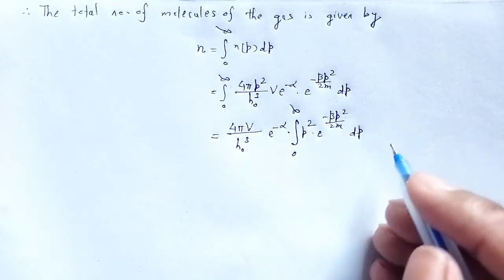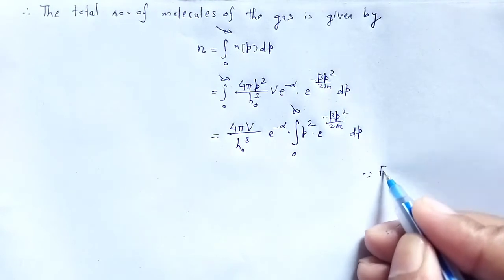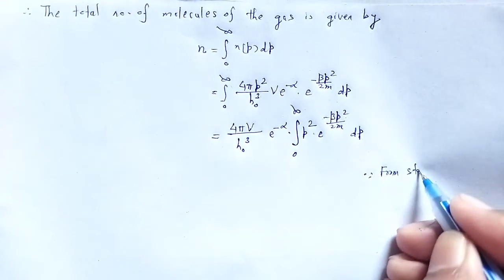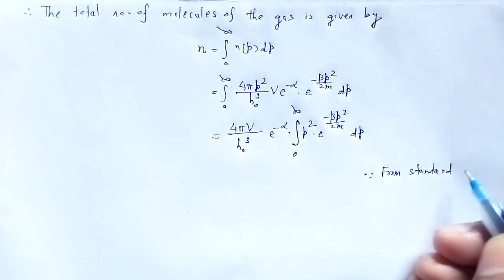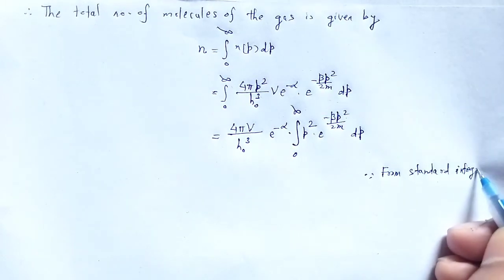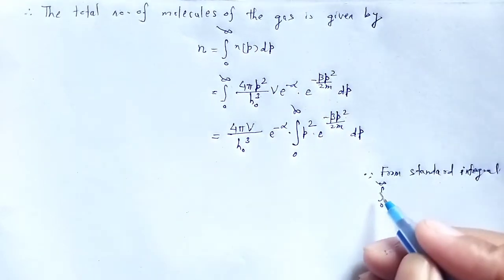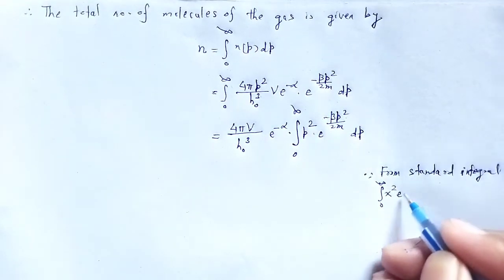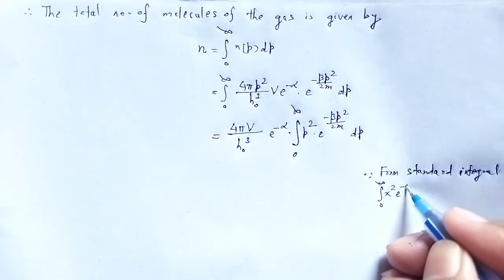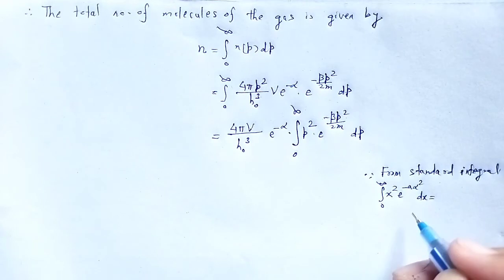From standard integration, we take the standard integral: the integration from 0 to infinity of x square e to the power minus alpha x square dx will be how much?